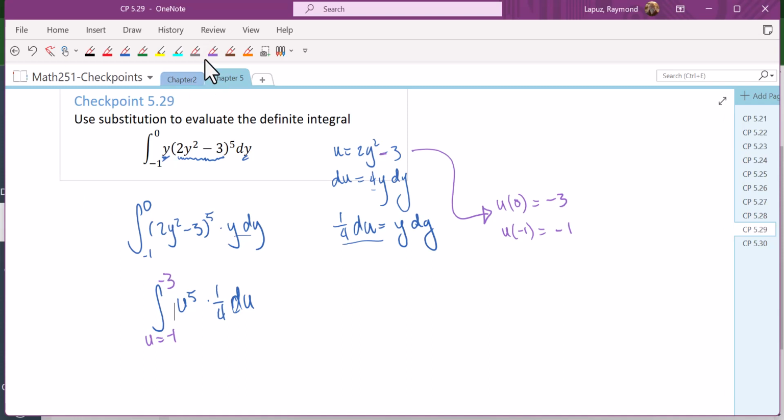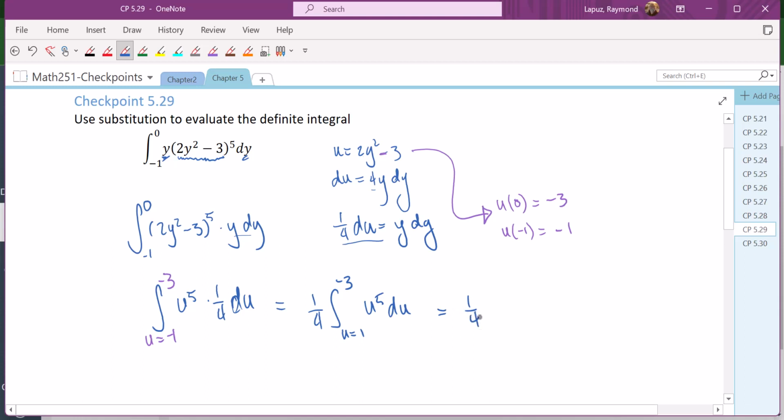Okay, so let's continue on with this integral. The 1/4 is a constant. These are u limits, so I will remember not to change it back into y's. And then I have u to the 5th du.